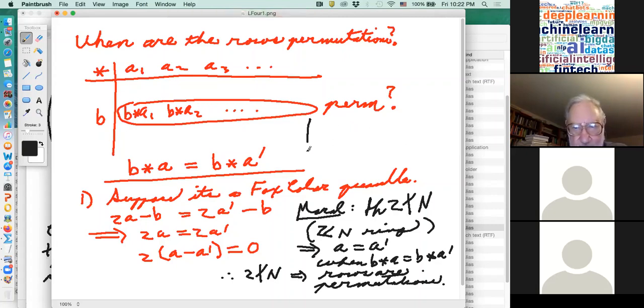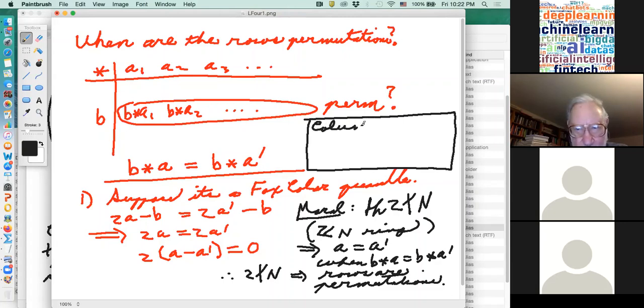Let's just put the remark in a small box here. The columns are always permutations. Because what's the column question? The column question is B times A equals B prime times A, right?